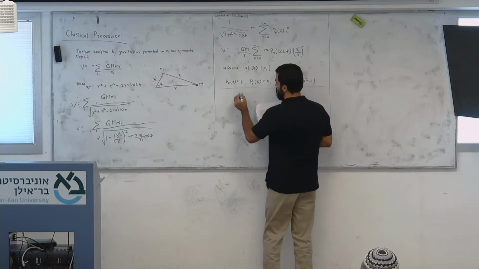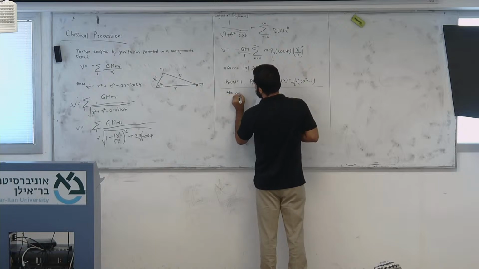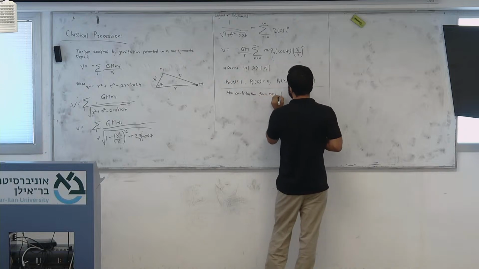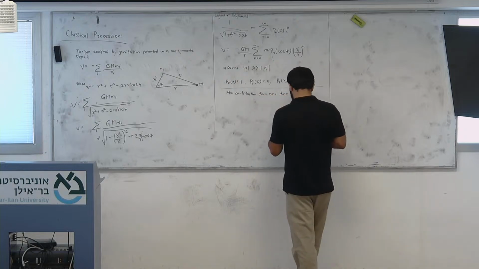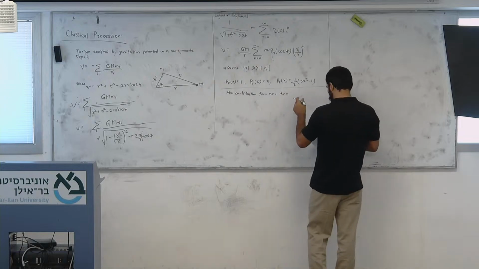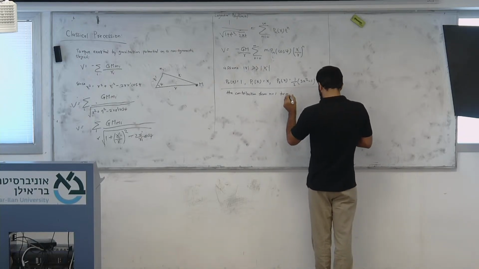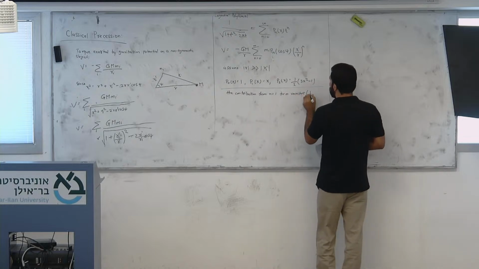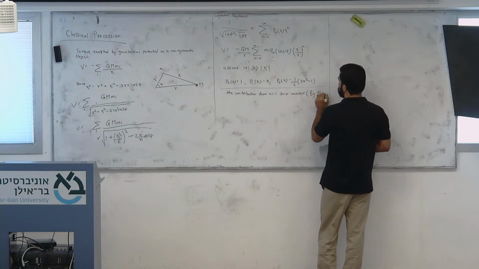The contribution from the n equals 1 term vanishes by the definition of center of mass.